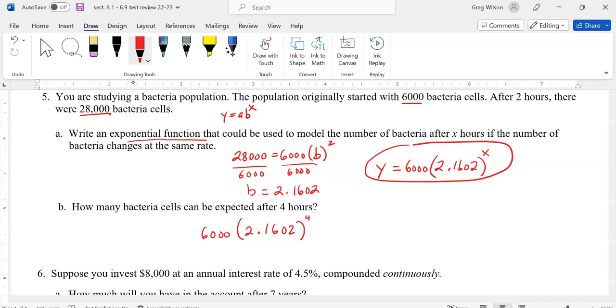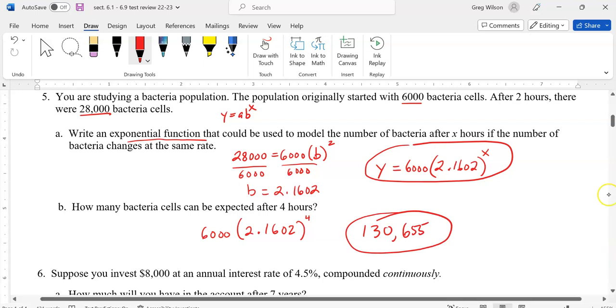And since these are living things, we don't want to have any decimals, so that's 130,655 bacteria after 4 hours with that rate of growth.